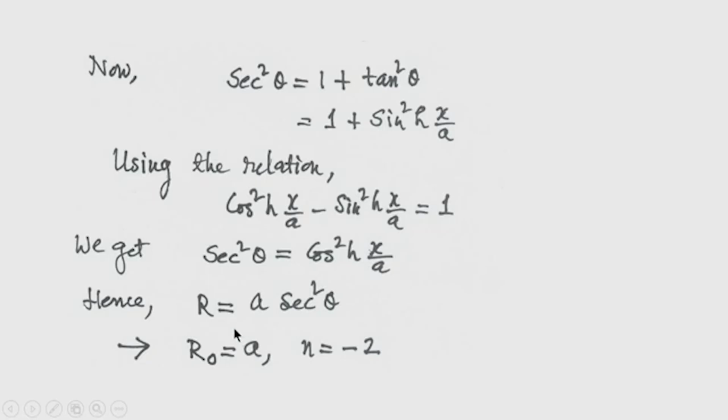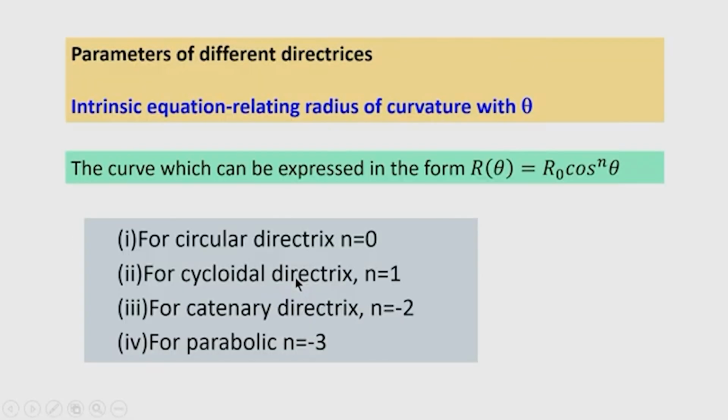So, in this way we can find the equation of the directrix in this very interesting form, that is r is equal to r naught cos to the power n theta, so that the values of r naught and n can be substituted in the general expression that we have derived for any kind of directrices. Okay.